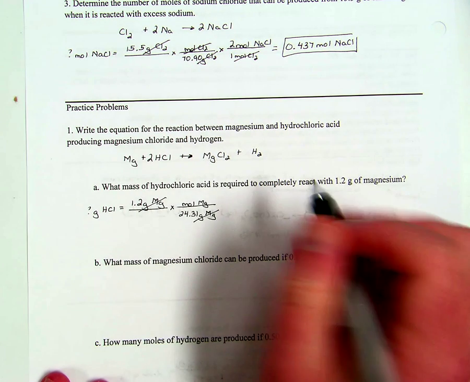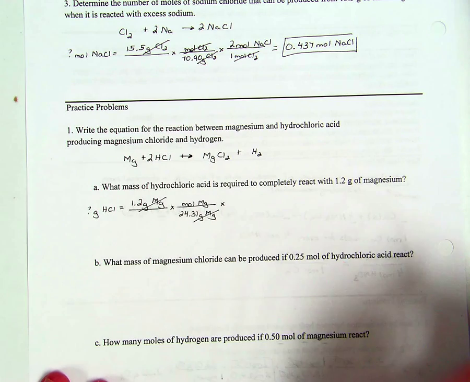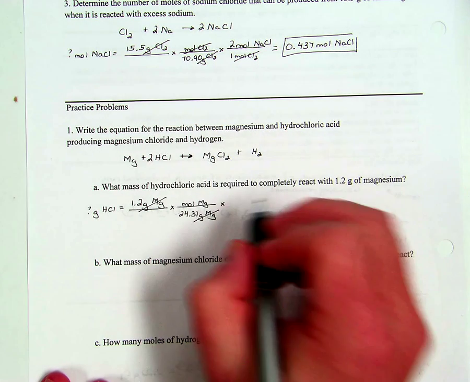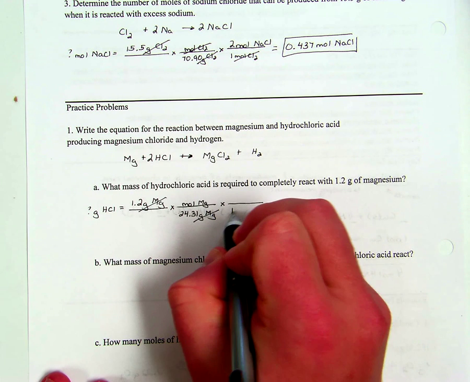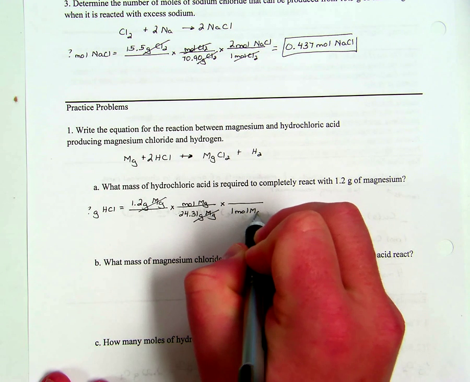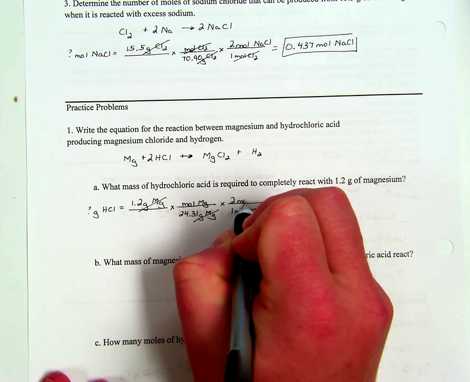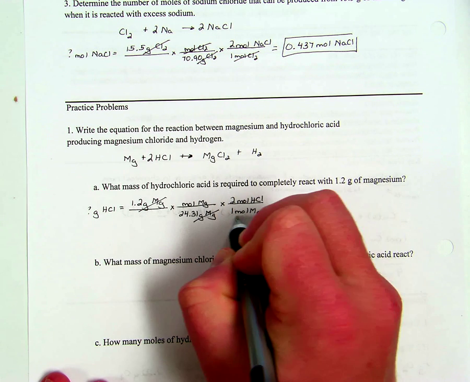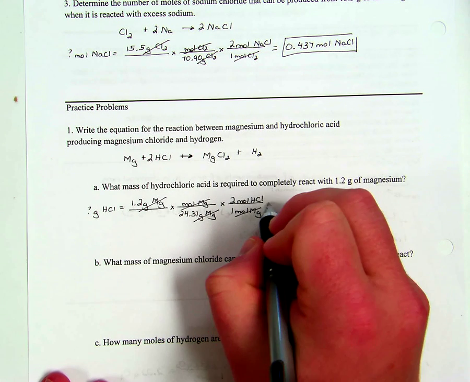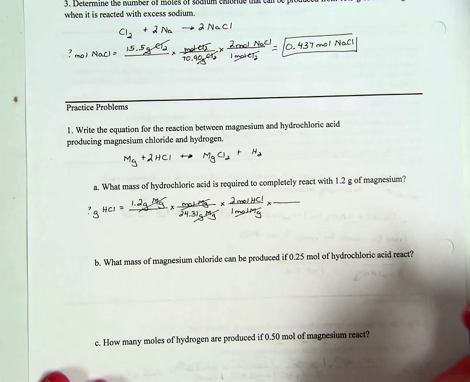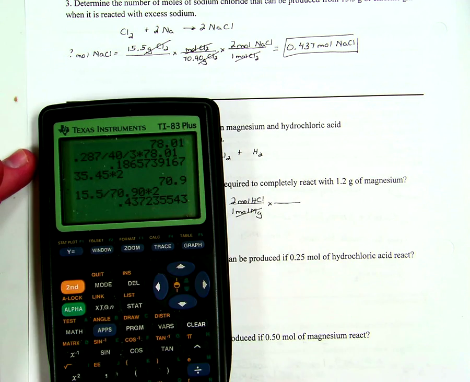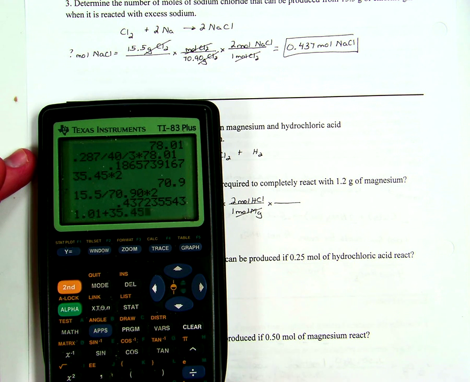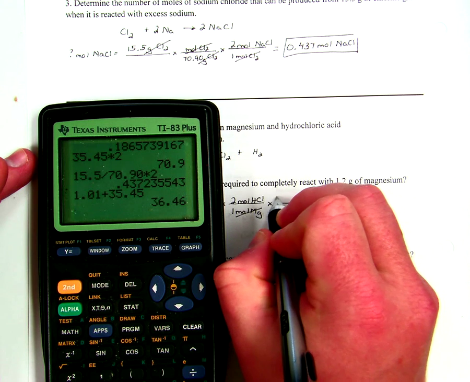Now is where we need the mole to mole ratio from the equation. We look at our balanced equation, we see we have 1 mole of magnesium and we have 2 moles of hydrochloric acid. Now we just need to convert from moles to grams for hydrochloric acid, so we need the molar mass. That is 1.01 plus 35.45. That gives us 36.46 grams HCl for every mole of HCl.